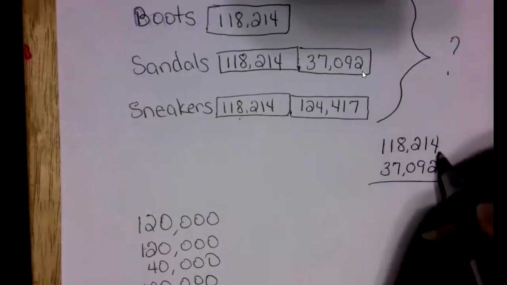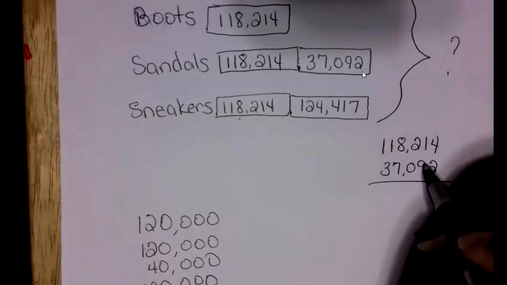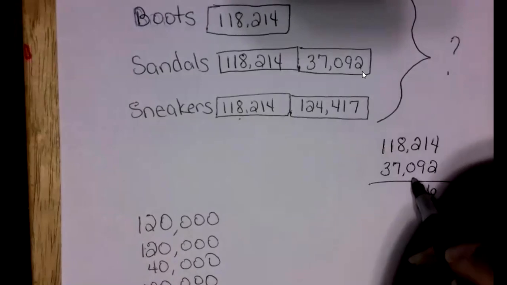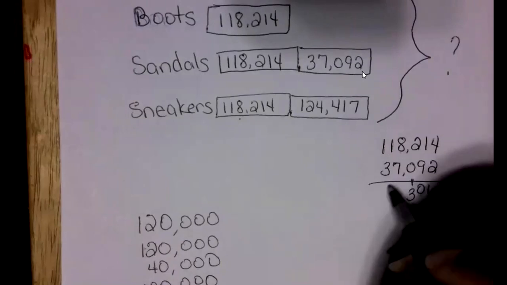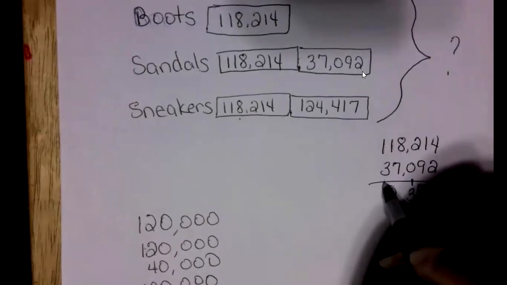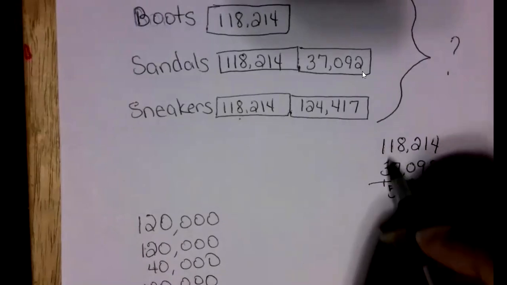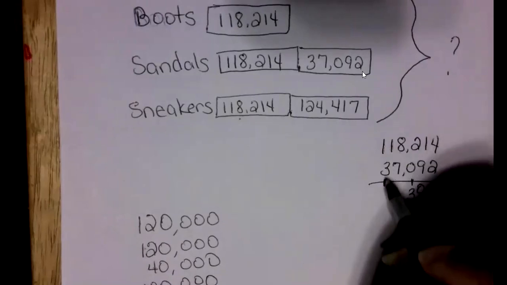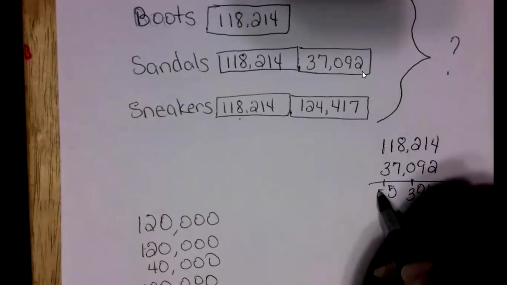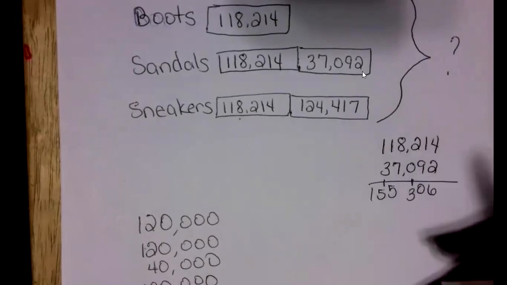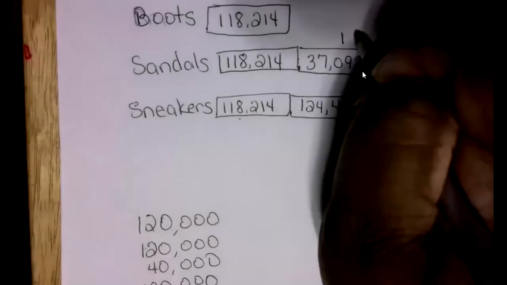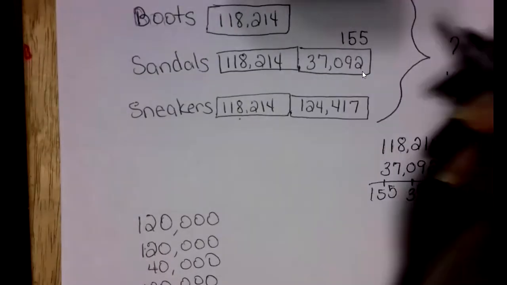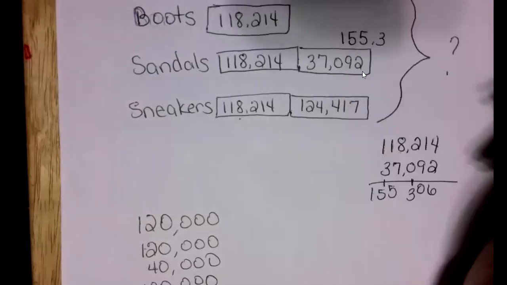Okay, 4 plus 2 is 6. 9 plus 1 is 10. Carry my 1. 2 plus 1 is 3. 8 plus 7 is 15. Carry my 1. 1 plus 3 is 4, plus 1 is 5, and 1. So on my sandals, I sold 155,306.